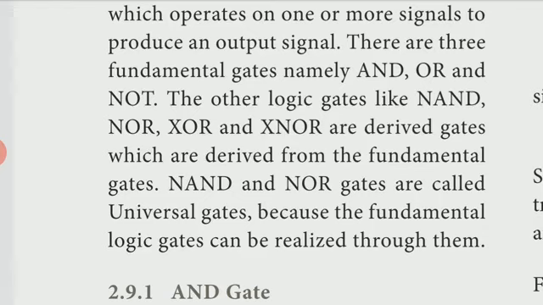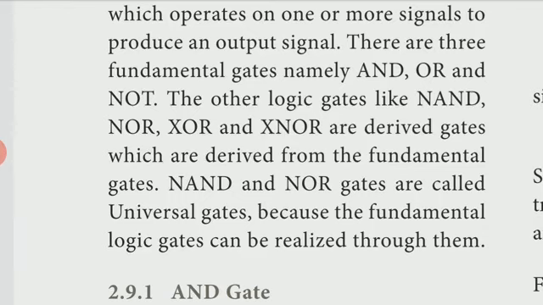And here NAND gates and NOR gates are called universal gates. So, three types of gates are there. First, fundamental logic gates, then derived gates, after that universal logic gates.